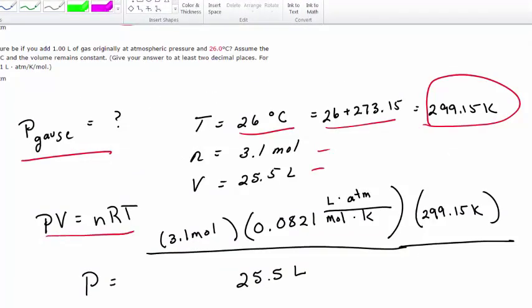So here's PV equals nRT, solved for P, and I put all the units in because I want to make sure they all cancel. I've got moles on top and moles on the bottom, Kelvin on top, Kelvin on the bottom, liters on the bottom here, liters on top, and that leaves me with atmospheres. So I know my answer is going to end up being atmospheres.